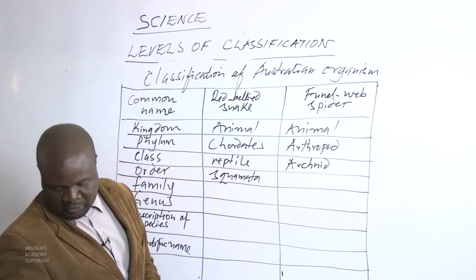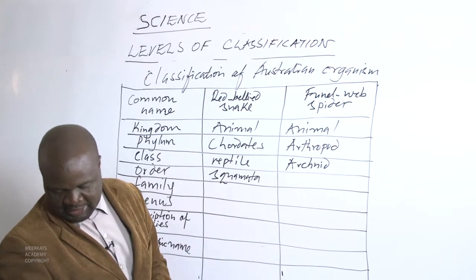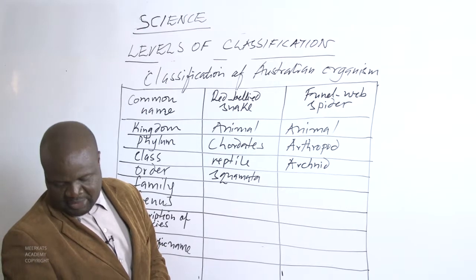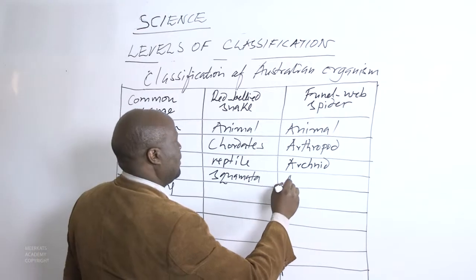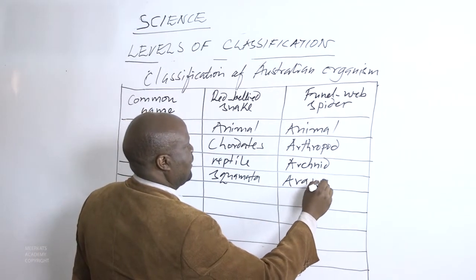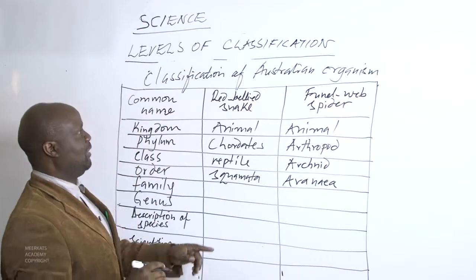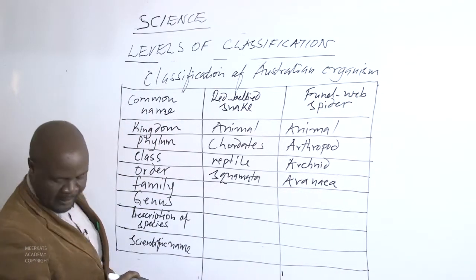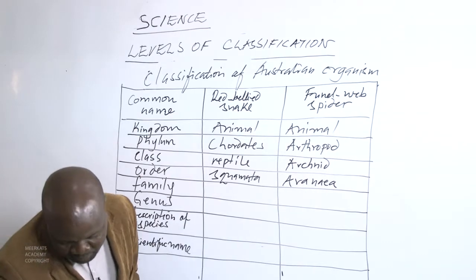And the order of the spider is Araneae. The order is Araneae.